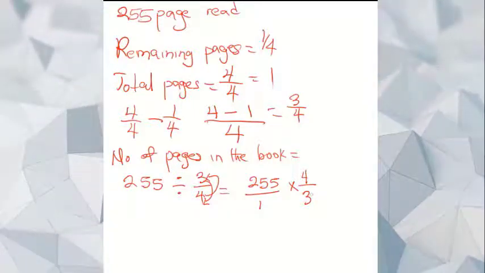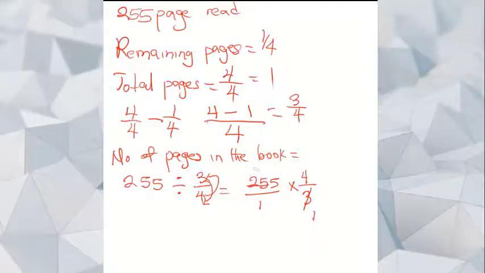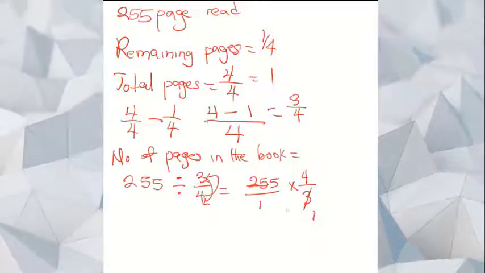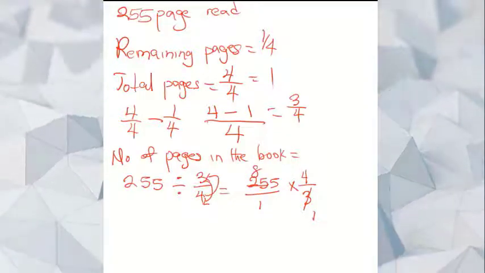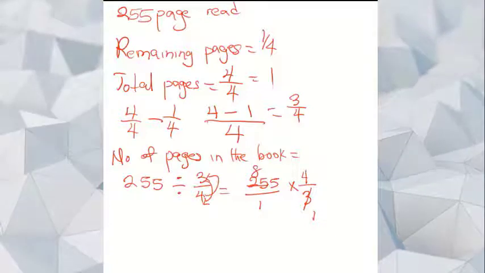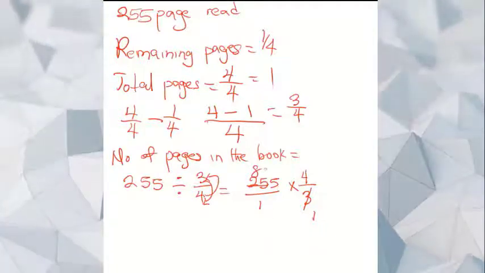So here now 3 can divide. 3 here is 1. So 3 into 25 is 8, because 8 times 3 is 24. You are left with 1. When you add the 1 to 5, you have 15. So 3 into 15 is 5.